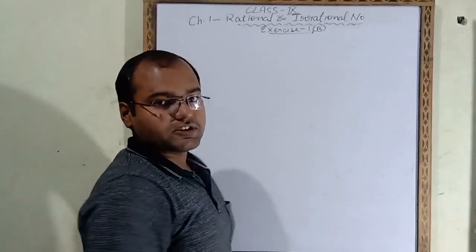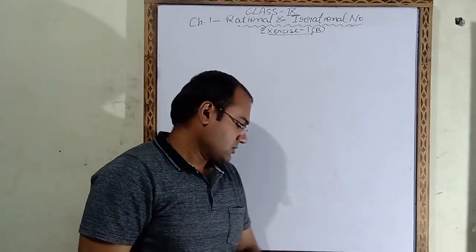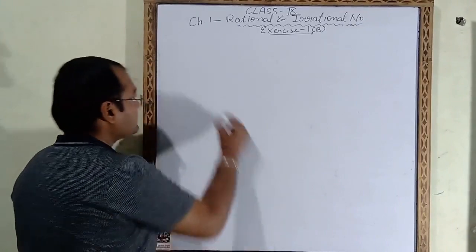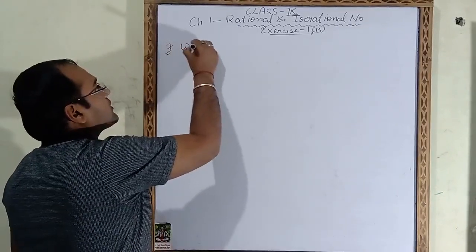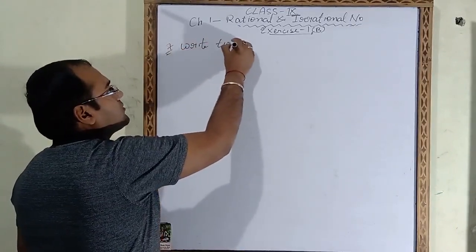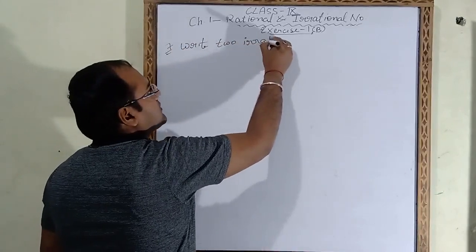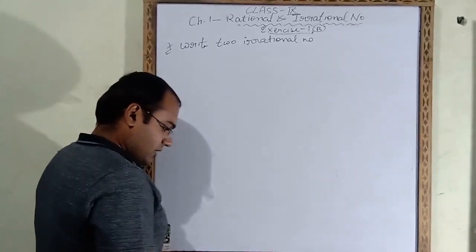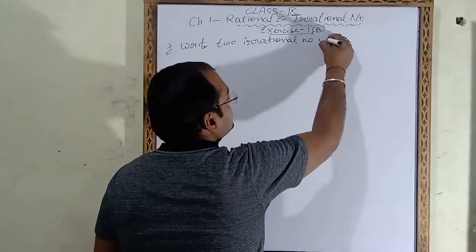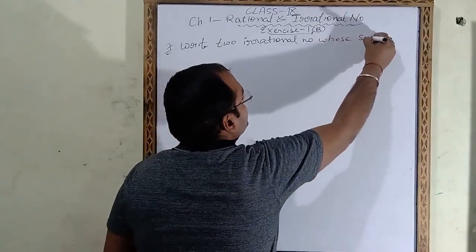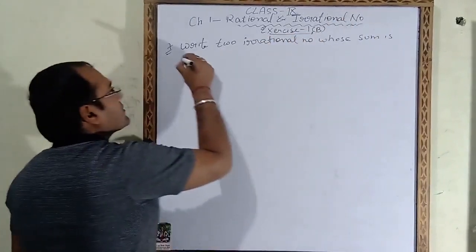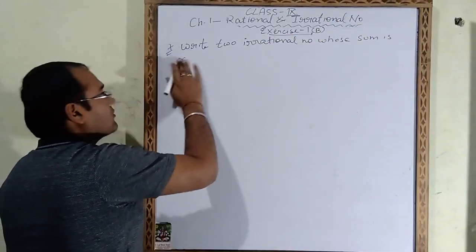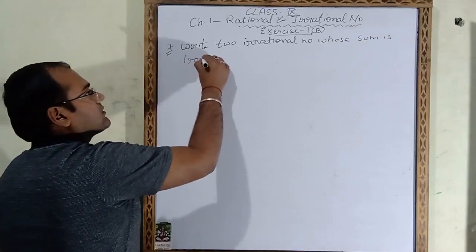Now see question number 7 of your text. Question number 7 is: write two irrational numbers whose sum is irrational.